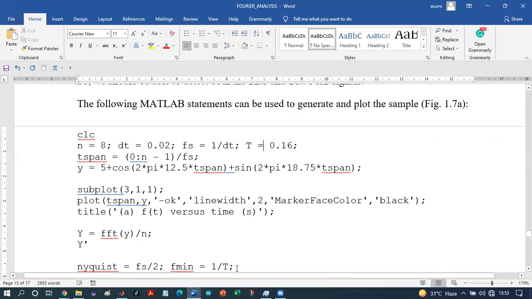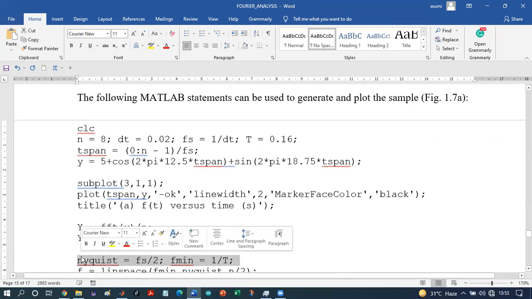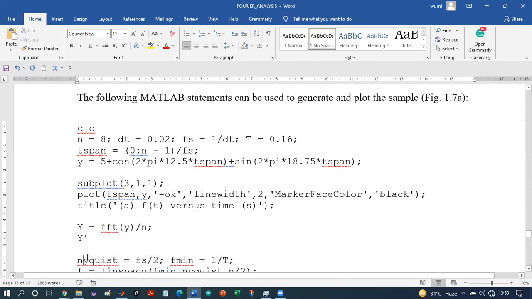Then let me go to this line. I'll come back to this shortly. This is the Nyquist frequency. Like I said, the Nyquist frequency is just half of the sampling frequency, that's why you have it as fs divided by 2.